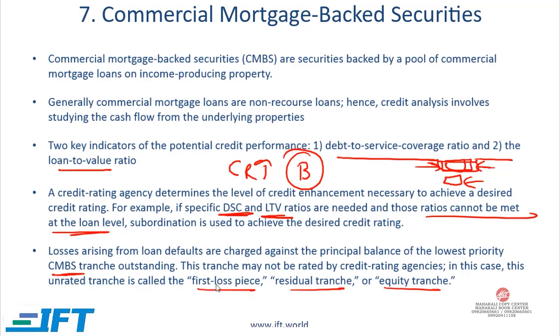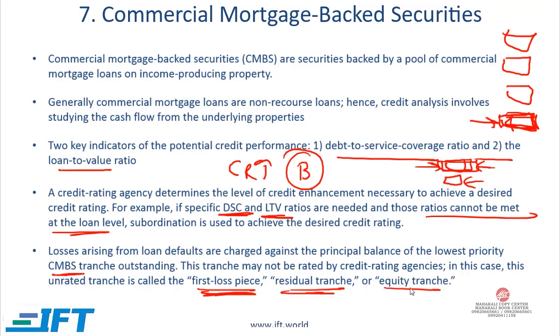Now, the point here also is quite straightforward. If we have multiple tranches, as I described earlier, and let's say that this is the most subordinated tranche, it's called the first loss piece because if there are any realized losses, this is the tranche that will have to bear those losses.